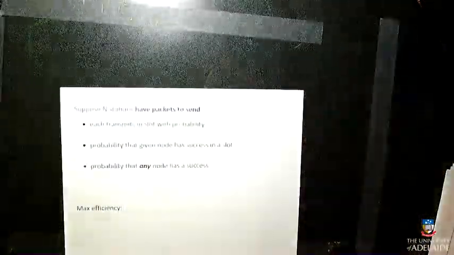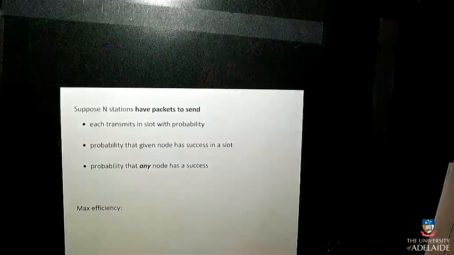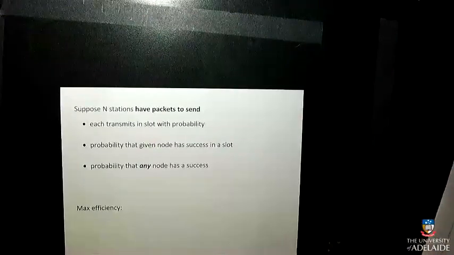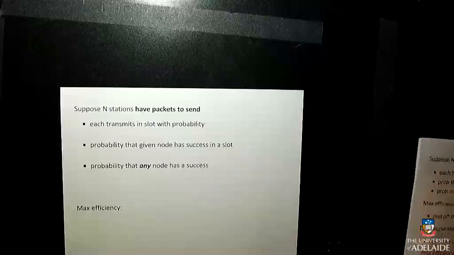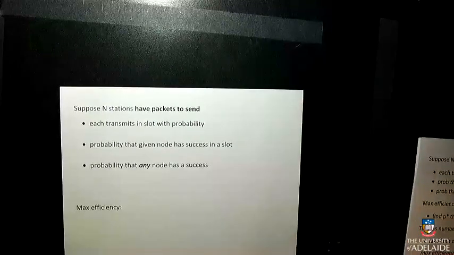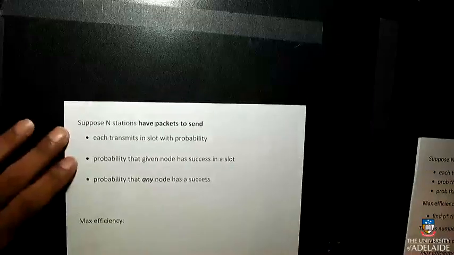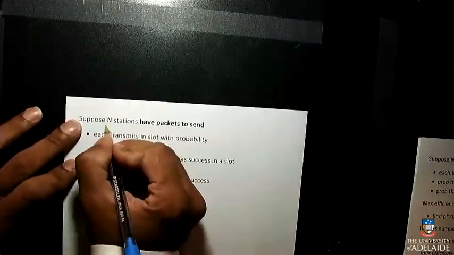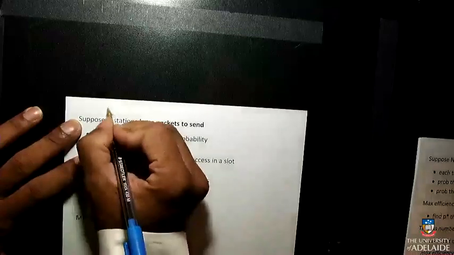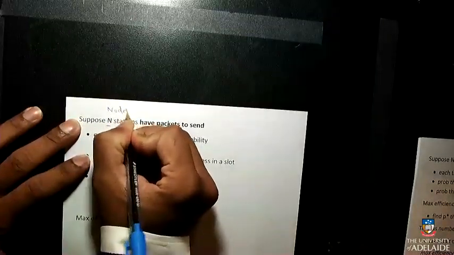What I want to do is give you some sense of how, taking a classic protocol like slotted ALOHA, we go about calculating the efficiency. Let's assume that there are n stations, in other words n nodes that want to send packets.